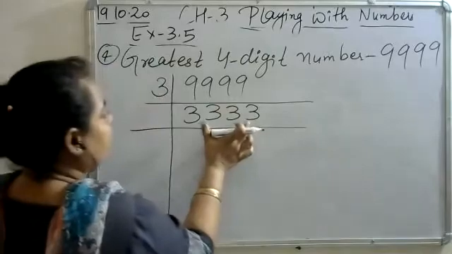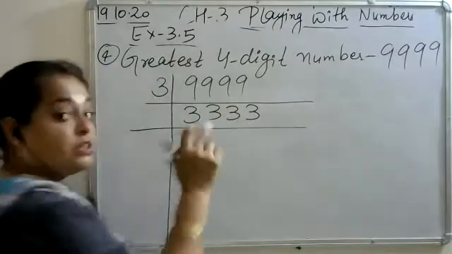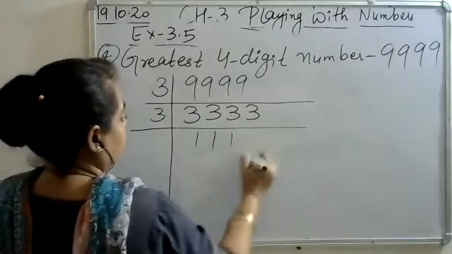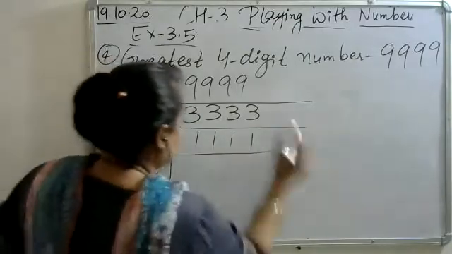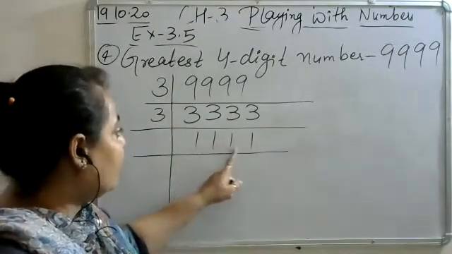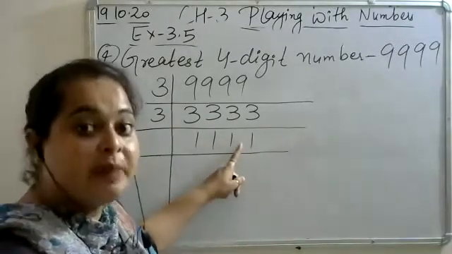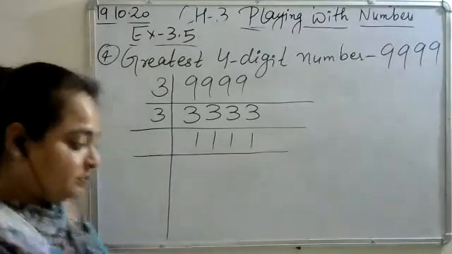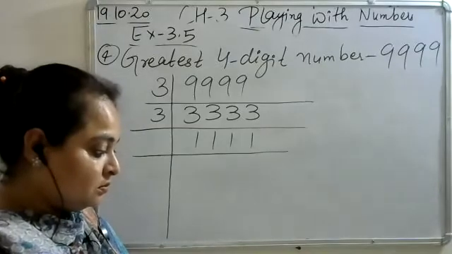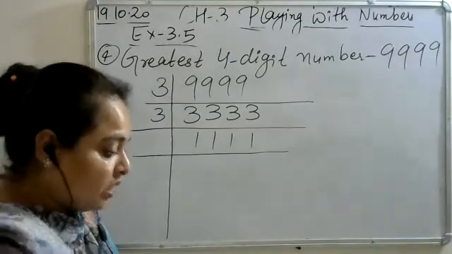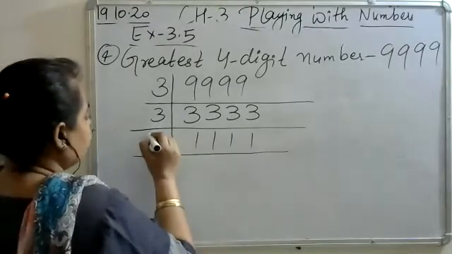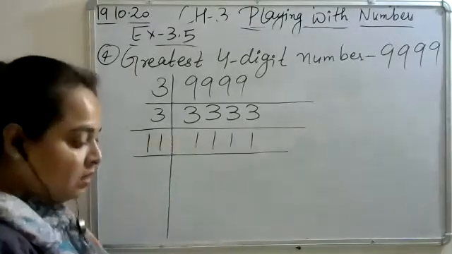Again, this is divisible by 3. Now tell me, 1111, now this is divisible by which prime number? Very good, 11. Yes, this is divisible by 11.